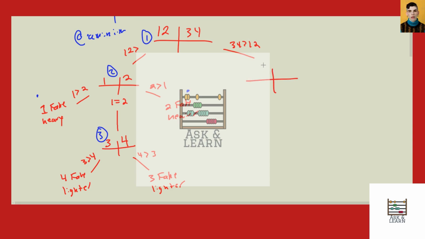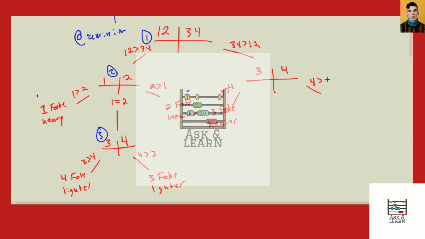All right. So then what did we do over here? Well, we weighed the greater. Oh, I should write 3, 4 right here. So we weighed the greater of them, so 3, 4. And then we compared these. So if 3 is larger than 4, then 3 is the fake, and it is heavier.